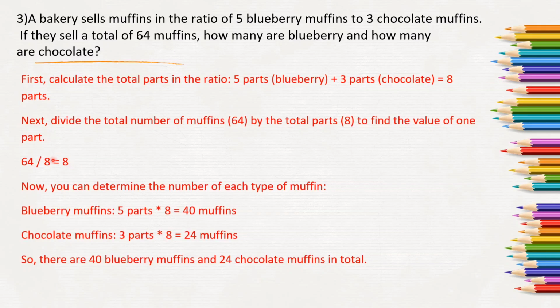Yes, 8 times is 64. And then we multiplied both the parts with 8. Blueberry part was 5, which we multiplied with 8 and we got it as 40 muffins. Similarly, chocolate muffin parts were 3, which was multiplied by 8 and we got the total number of muffins as 24. So there are 40 blueberry muffins and 24 chocolate muffins in total.